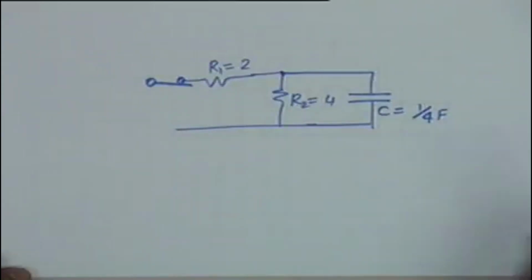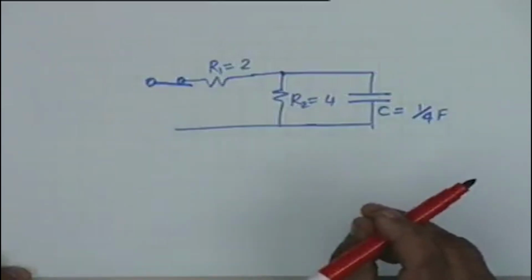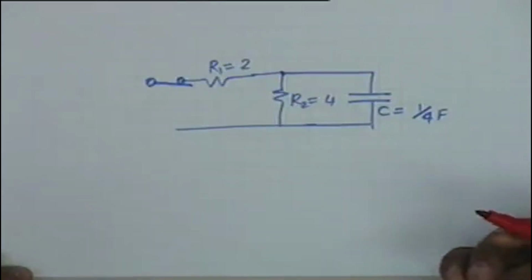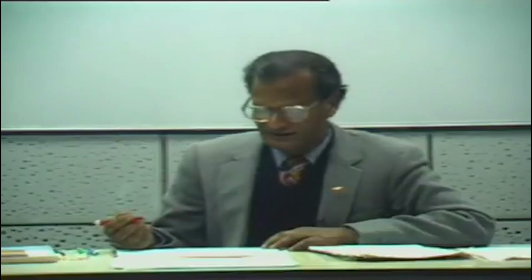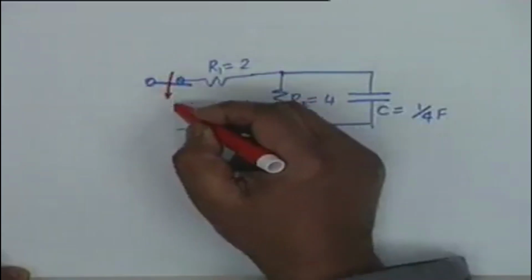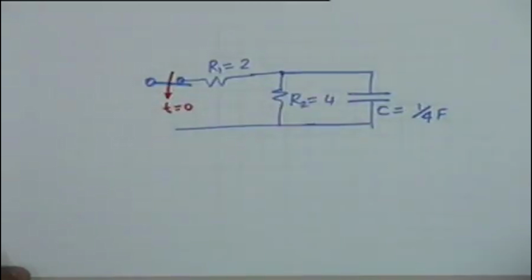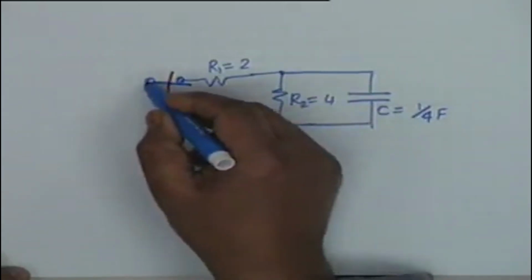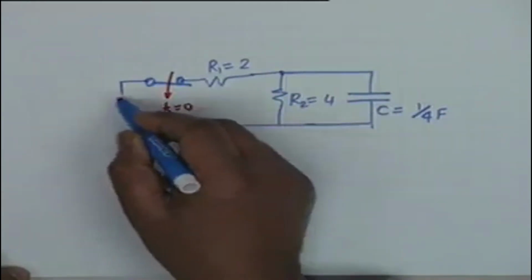Now what we have to do is, without a current excitation, voltage can exist. That means we will have to open the switch. A current source has internal resistance of infinity, and therefore we will have to open it. Okay? So this is opened at t equal to 0, and there is a source, let us say a current source here.